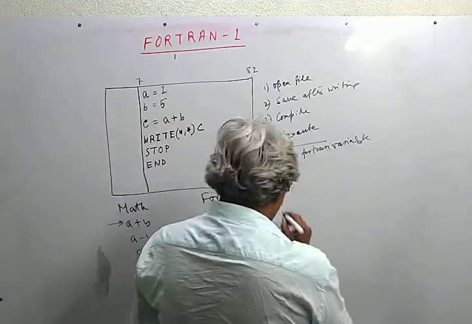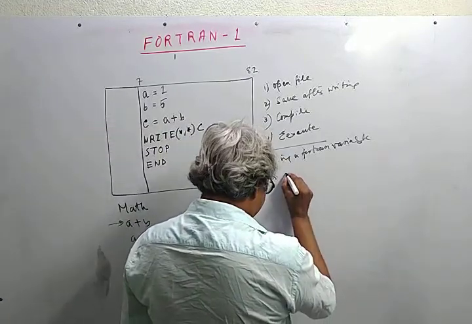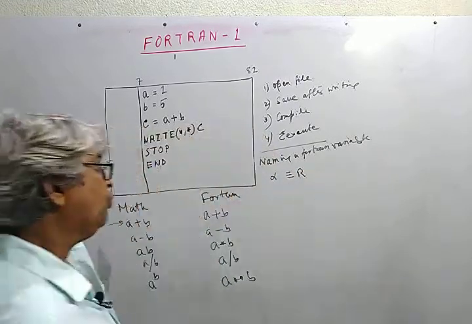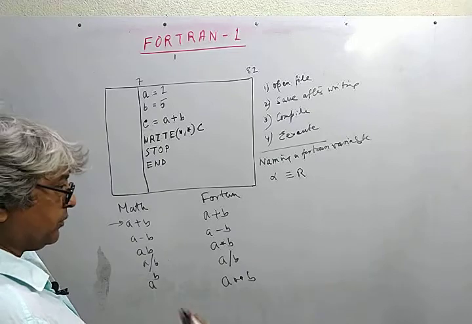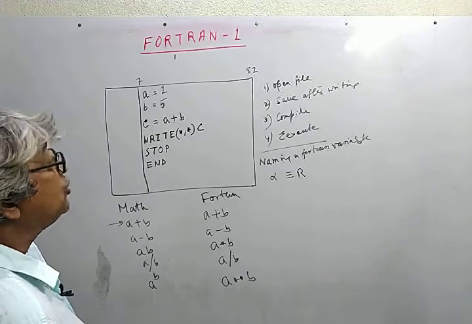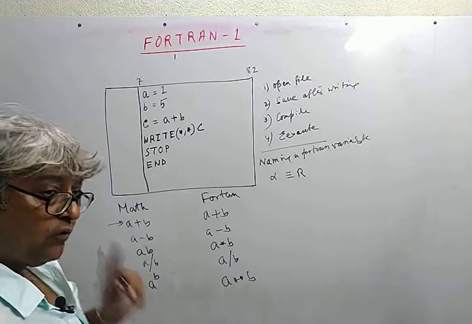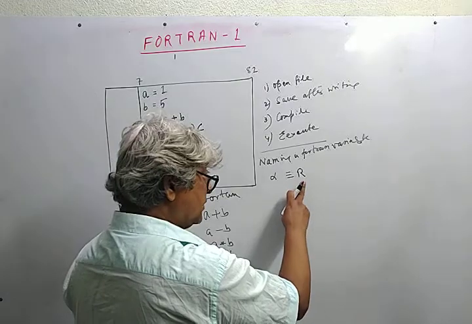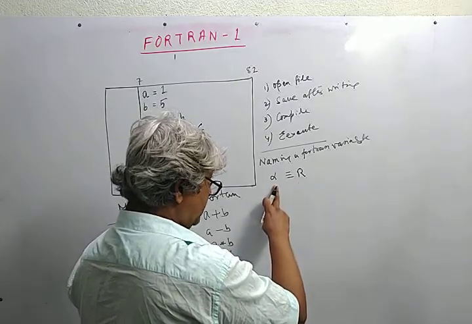One can write R to represent alpha, but whenever you try to check the program, it will be very difficult to find that R represents alpha.